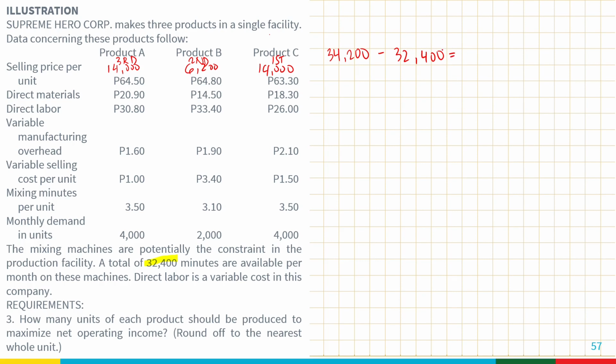Lumalabas may kulang tayo na 1,800 minutes. No? Kung meron lang sana tayo nitong 1,800, na-produce sana natin lahat. So, kailangan natin magbawas. Sa pagbabawas, lagay natin dito si A. Mixing minutes to be allocated. Allocated mixing minutes.